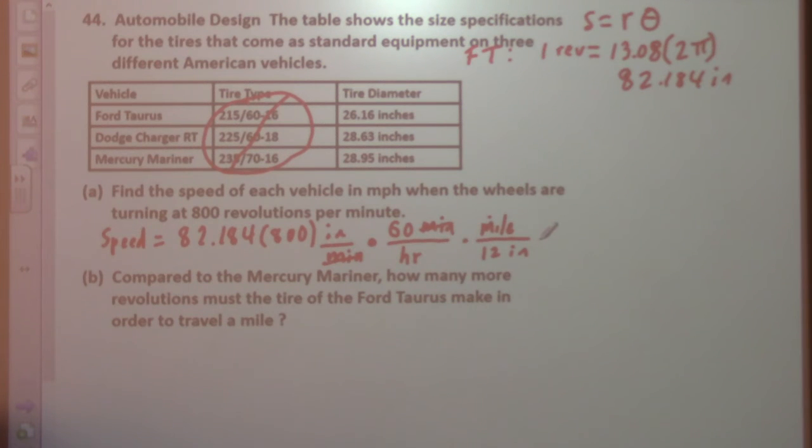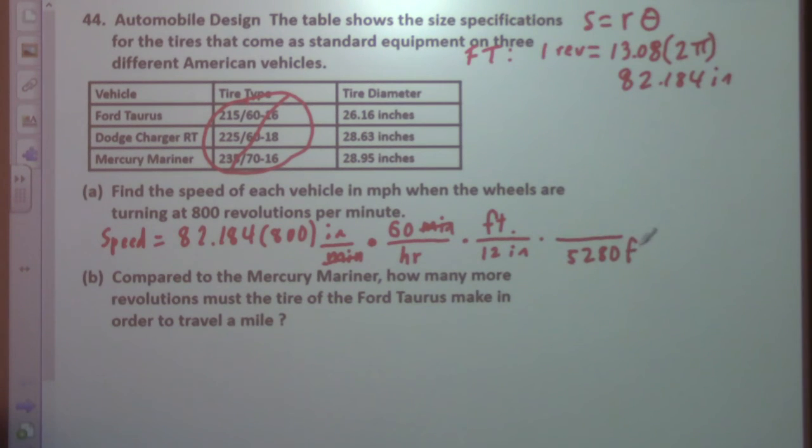And then how many feet do we have in a mile? 5280 feet per mile. What cancels out now? Feet and inches cancel out, so we're going to have miles per hour left.